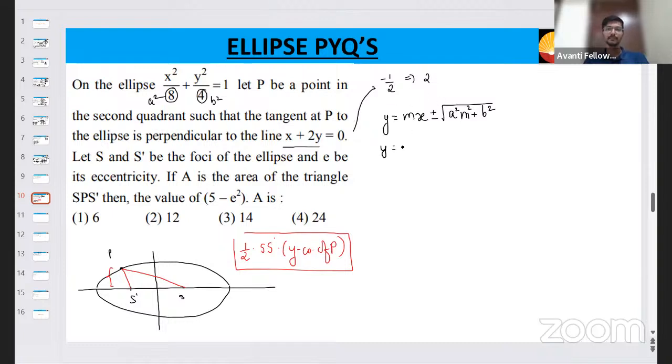So y equals 2x plus or minus under root of 8 into 4 plus 4, so y equals 2x plus or minus 6. This is the equation of tangent.